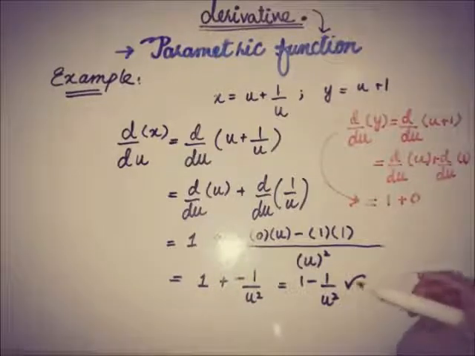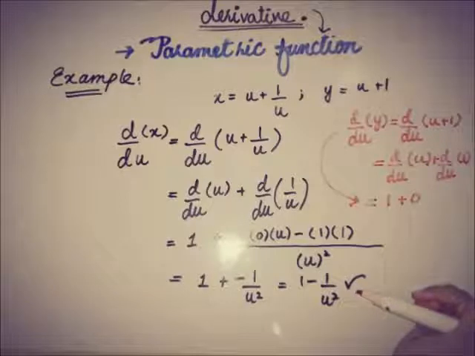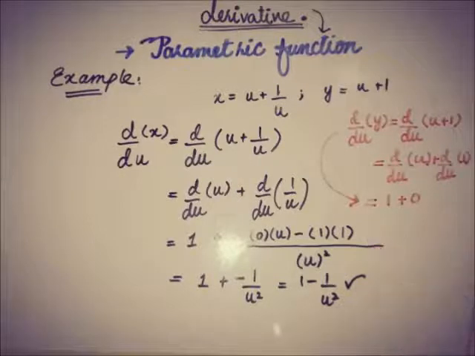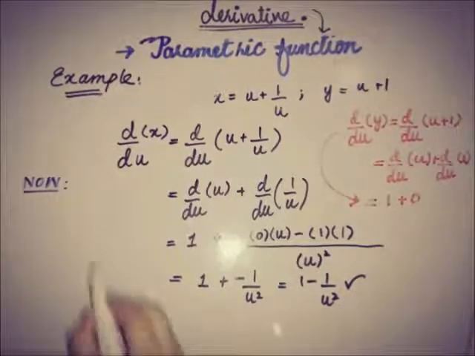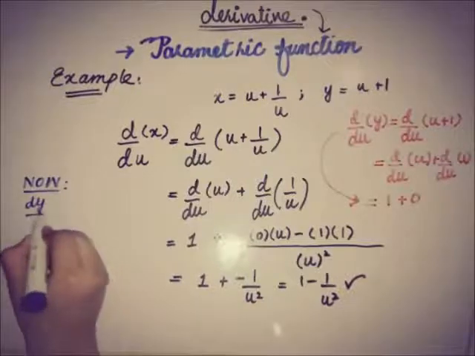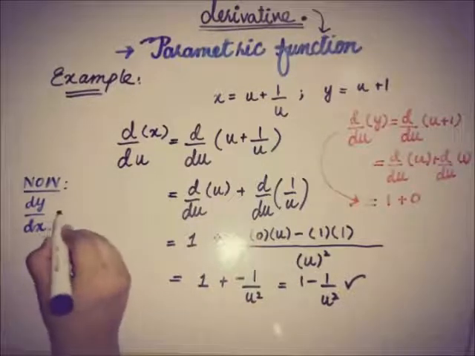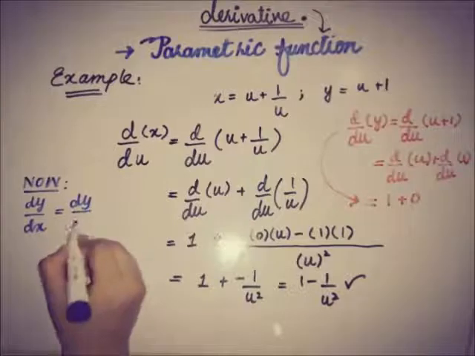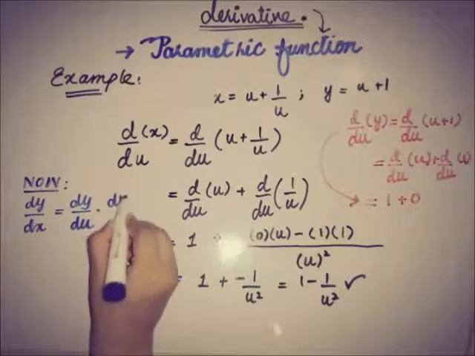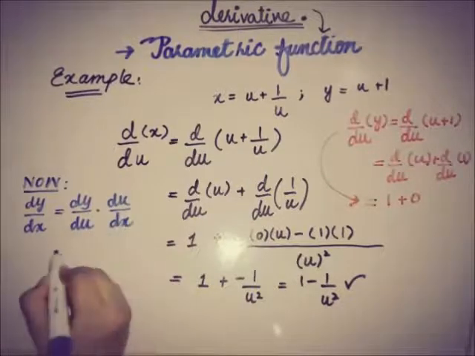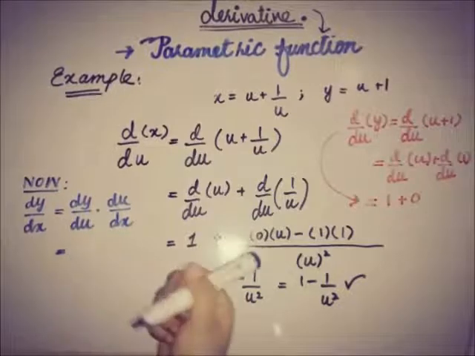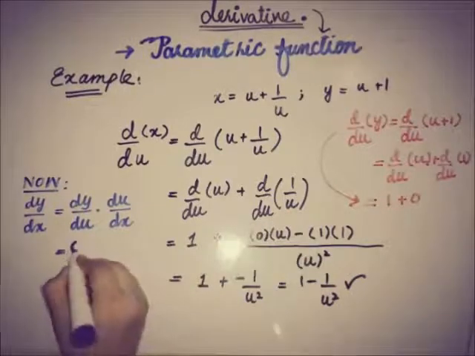And now we will find dy by dx by using the chain rule. We know dy by dx is equal to dy by du times du by dx. Putting the value of dy by du, that is equal to 1.